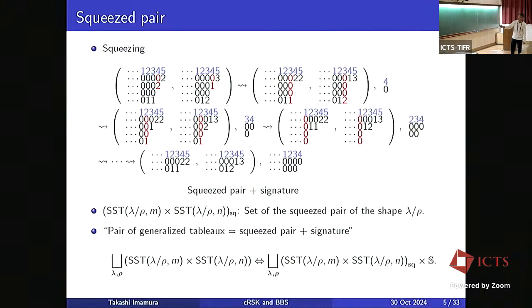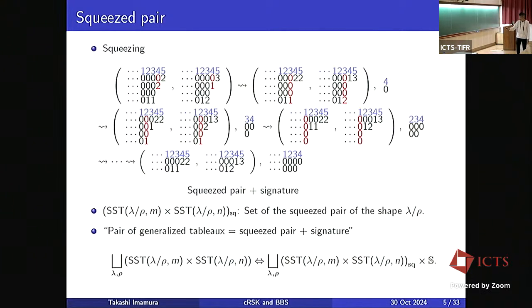In this case, we can go up by one step like this, and we also record the 0 element which is removed by the squeezing. Repeating this procedure from right to left, we get this one. This object after squeezing is called a squeezed pair, and we also get a signature. This means that any pair of generalized tableaux can be decomposed into a squeezed pair and a signature.